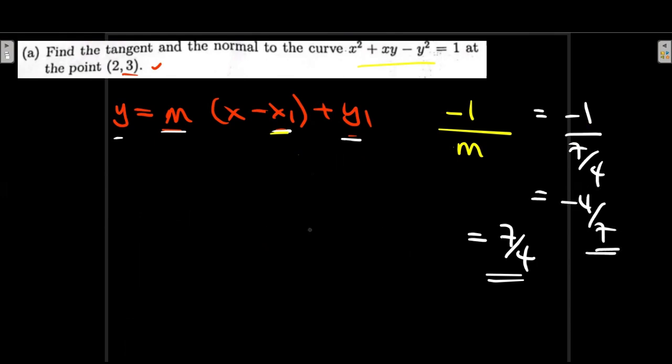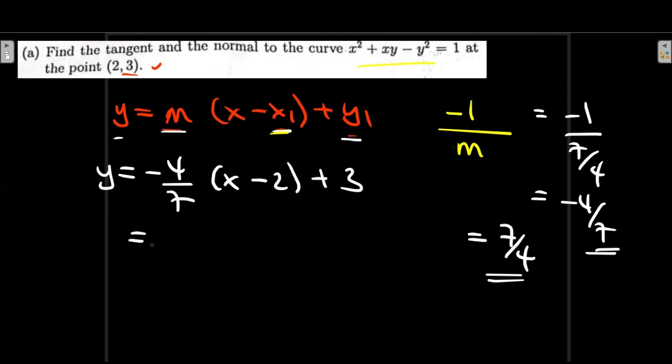So this is the gradient of the normal, and y is just going to be negative 4 over 7, then x minus 2 plus 3. And this is going to be, expand that, negative 4 over 7 x, then that would be plus 8 over 7 plus 3, like this. So y is going to be equal to this.